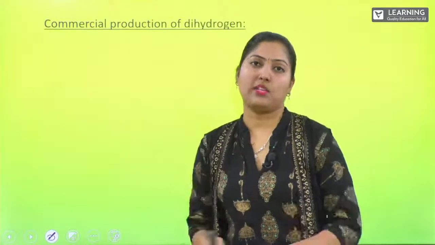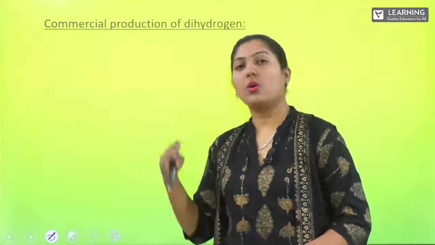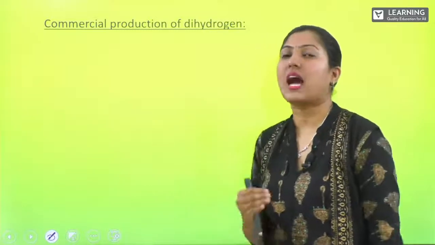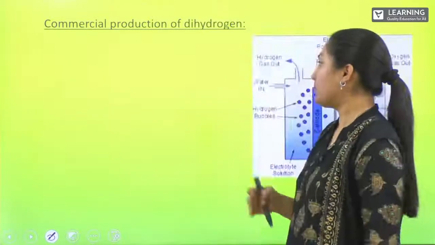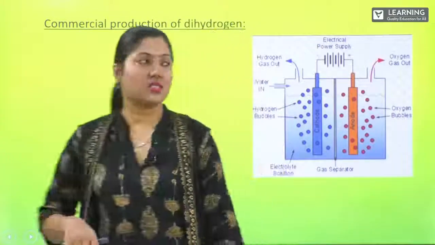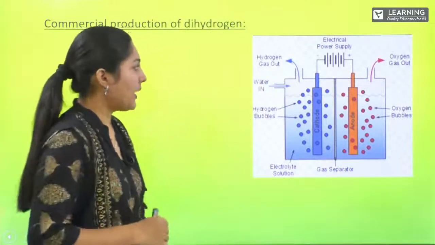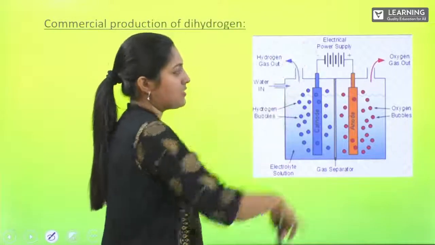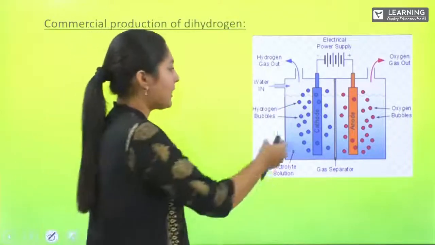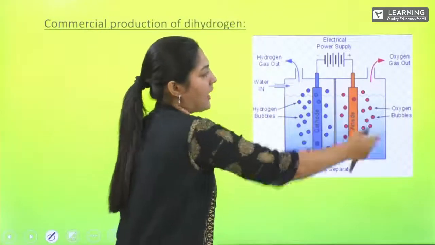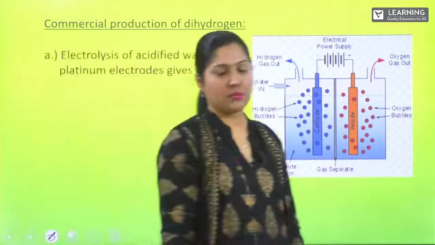Now coming to the commercial preparation of dihydrogen. In industries and factories, how is this hydrogen produced? If you see, this is an electrical supply where we supply electricity to the water, and from there we get hydrogen and oxygen gas liberated.